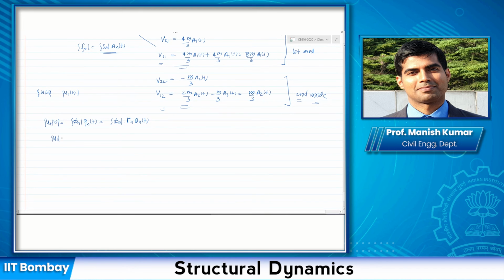U1 will become gamma 1 times phi 1, which is half 1, times d1t. Okay, so I'll just write it here as d1t. And gamma 1 was what? It was 4 by 3, right? So this basically becomes 2 by 3 d1t, or I will keep d1 outside, and 4 by 3 d1t.